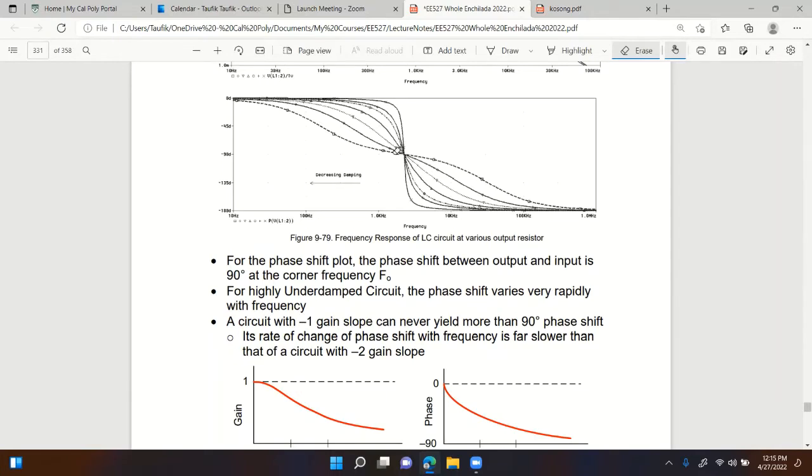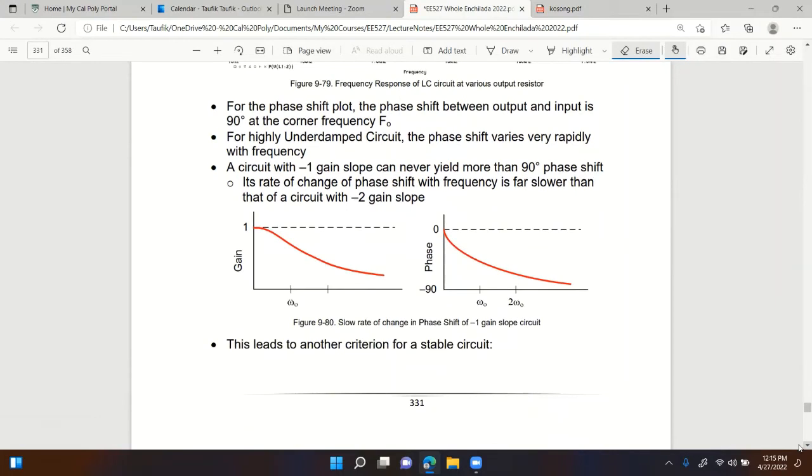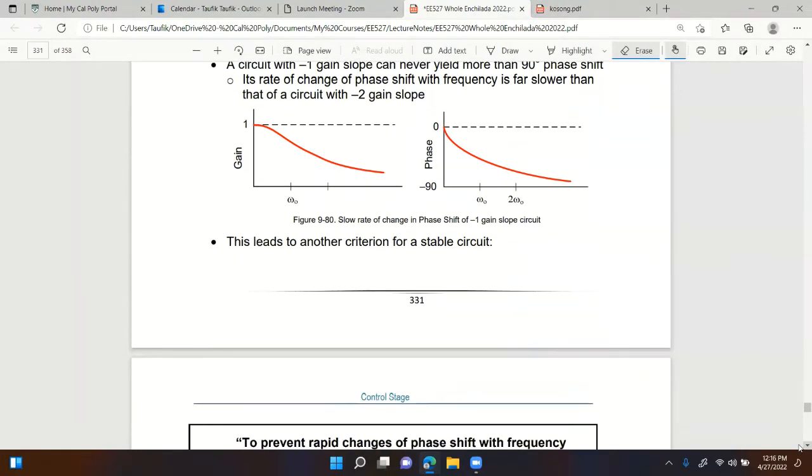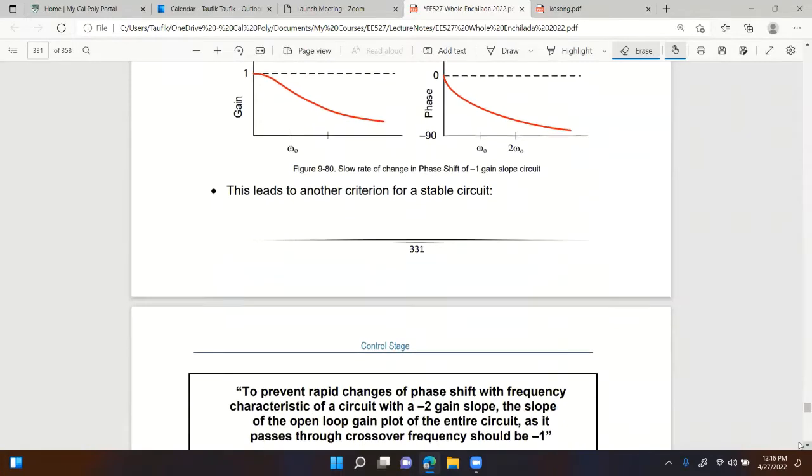You can see that depending on the damping ratio, which would typically be very low at heavy load, you can see the drastic change in phase angle. That would not be good for phase margin. Whereas if it's -1 slope, you can see the fluctuation in the phase angle is not as much, right? It's very gradual, right? So that will be beneficial for keeping a stable phase margin.